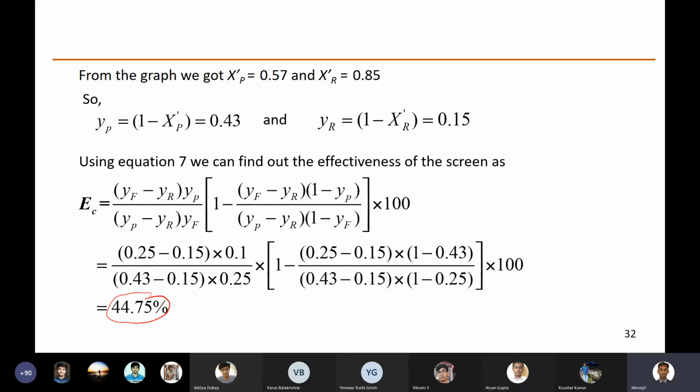So what can you comment looking at this number, looking at the efficiency of a screen? Is it low, high, or okay?